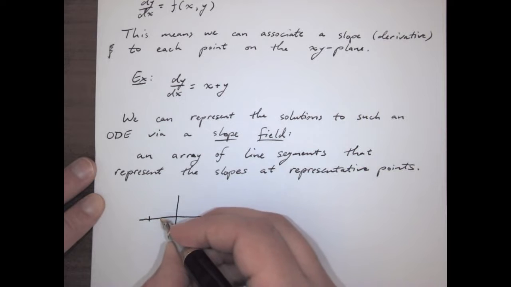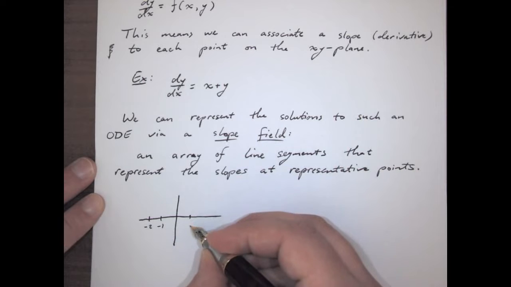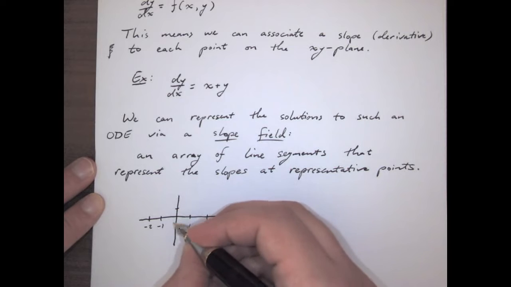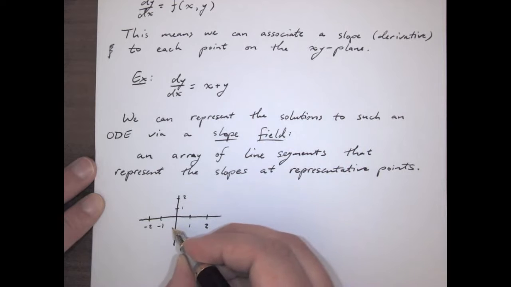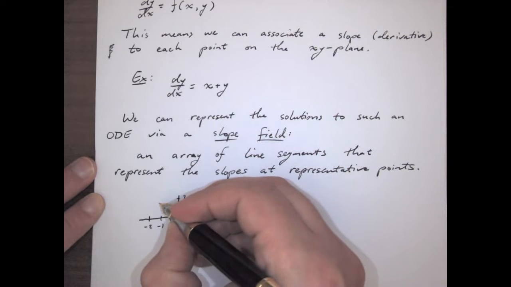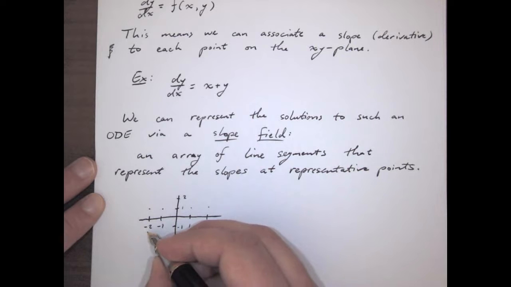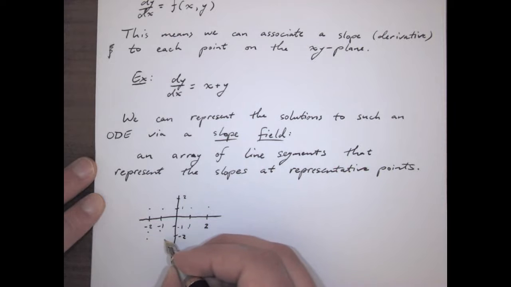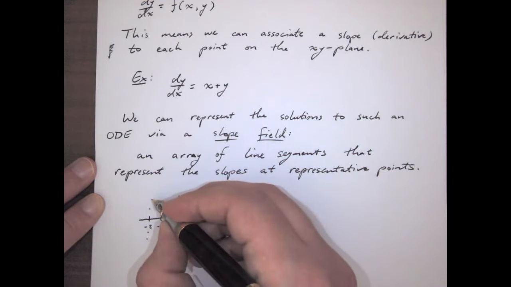So let's say we had points like -2, -1, 0, 1, and 2 for x, and the same for y. So we're just going to have a little lattice of the various points around the xy plane at the integer coordinates from -2 to +2.